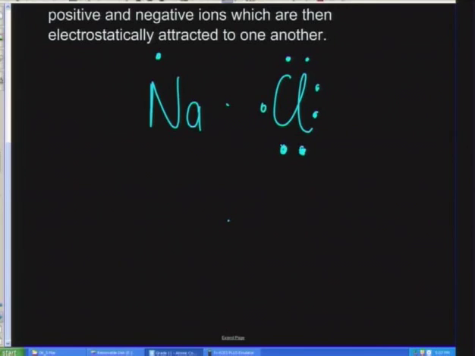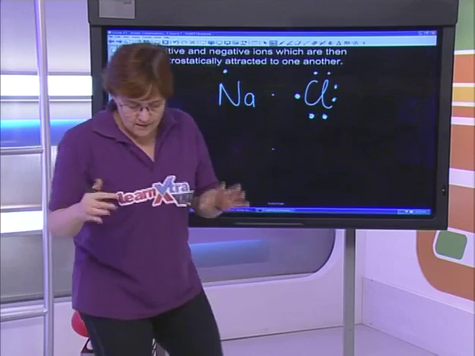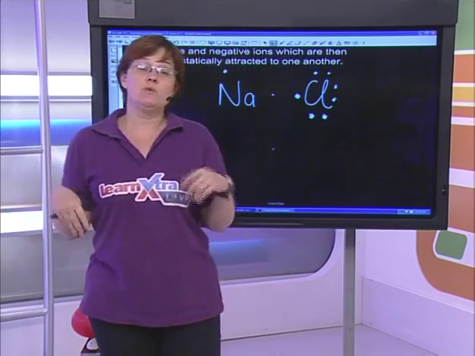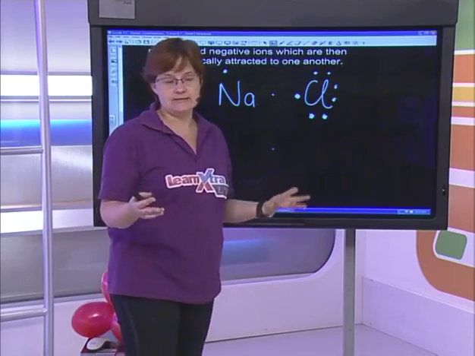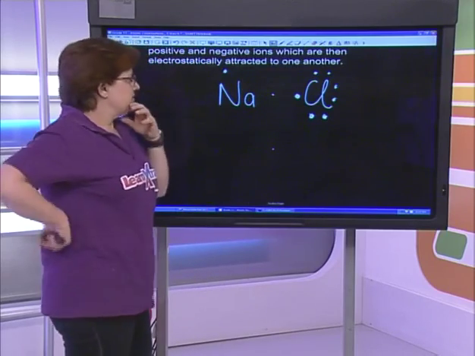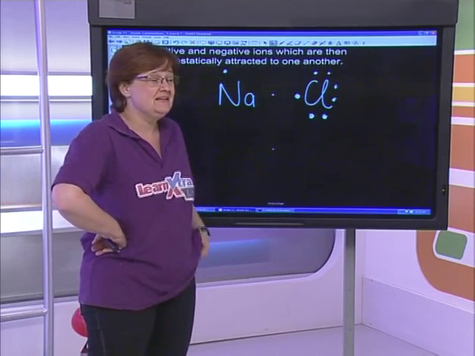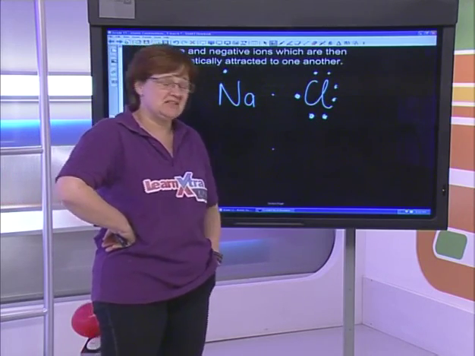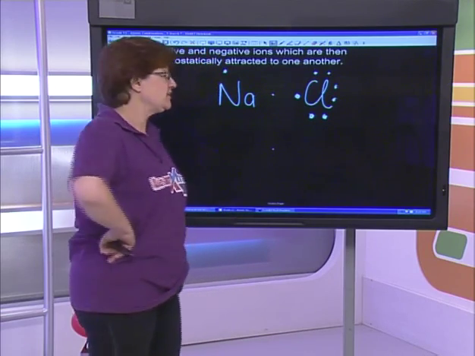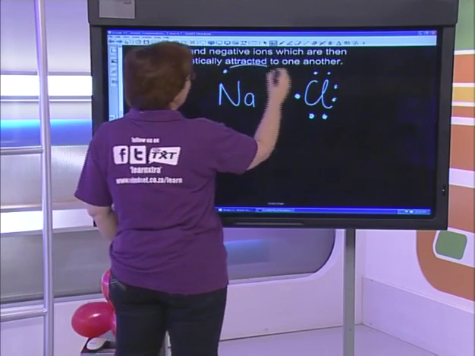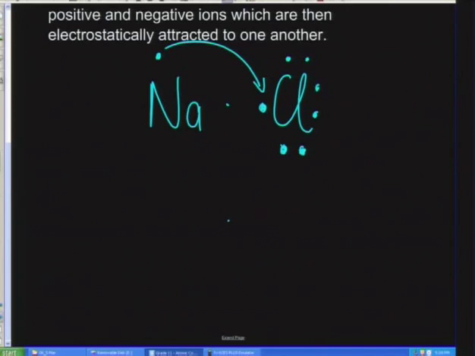Now we've got to say to ourselves, the point of bonding is to get a complete outer energy level because they want to look like the noble gases. Sodium looks at this and goes, well, I've got lots of other electrons, and sodium's not so fond of its electrons. So it goes, well, you know what, chlorine, you can have my electron. Chlorine goes, yay, I'm very happy.